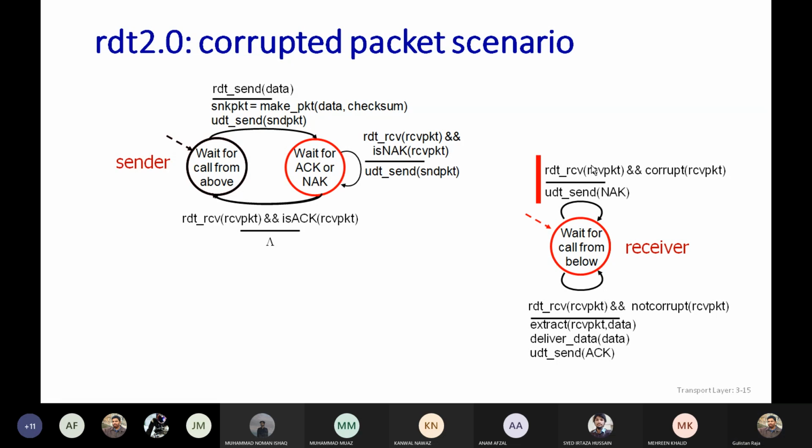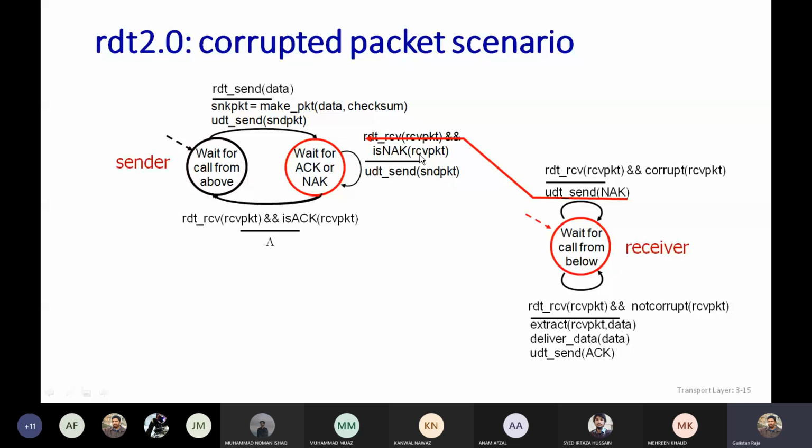It will receive a packet and it is a corrupt packet, so it will not deliver it to the upper layer. It will send a NAK. The receiver will send a NAK. And when the NAK is received, these are the sequence of events at the sender side.